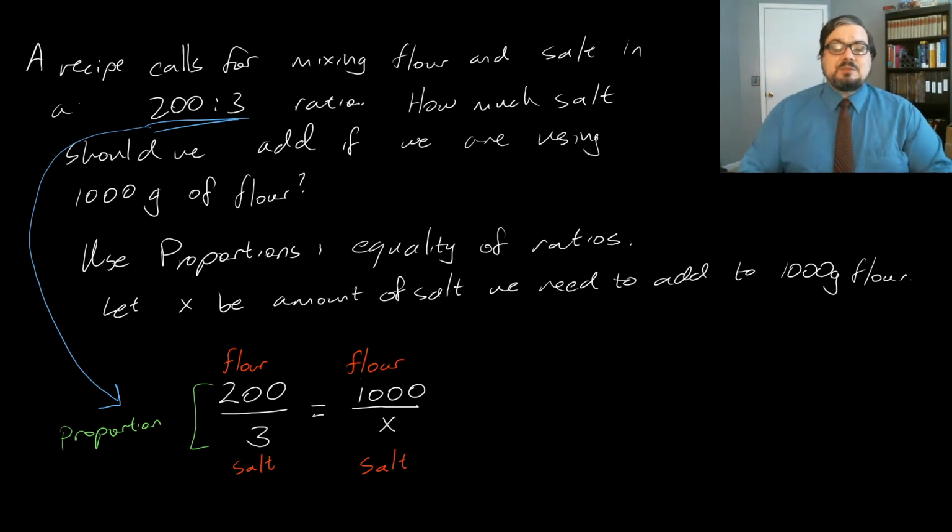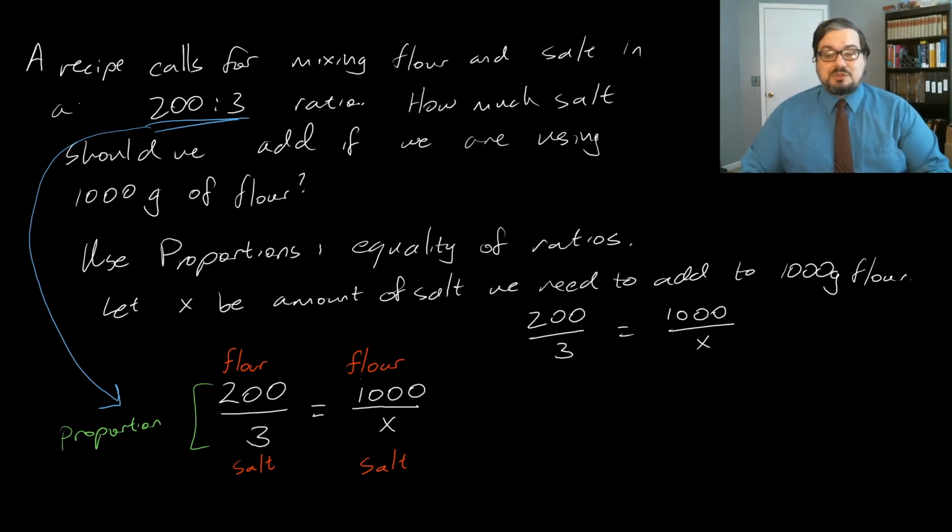So once we have this, we can solve for x fairly easily, and we'll use a technique that's often called cross multiplication, although I like to make things more explicit than just memorizing cross multiplication. So we're trying to solve the equation 200 over 3 equals 1,000 over x. Whenever we're dealing with a problem involving fractions, it's usually a good idea to multiply both sides of the equation by the least common denominator, or at least a common denominator.